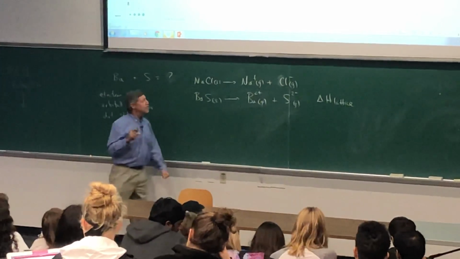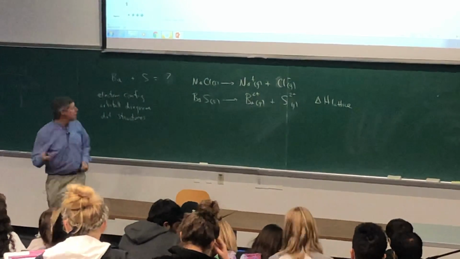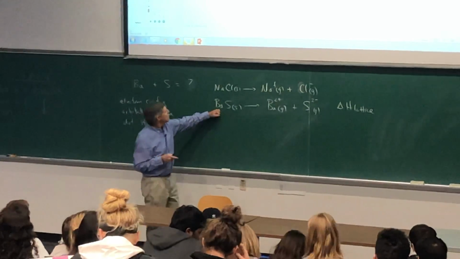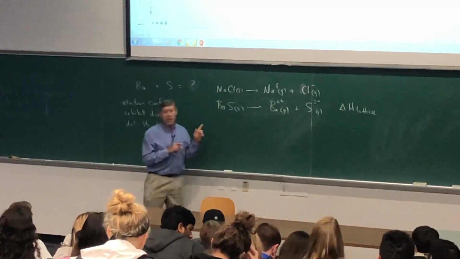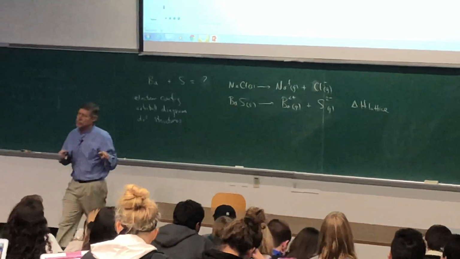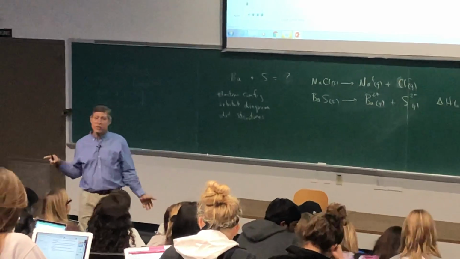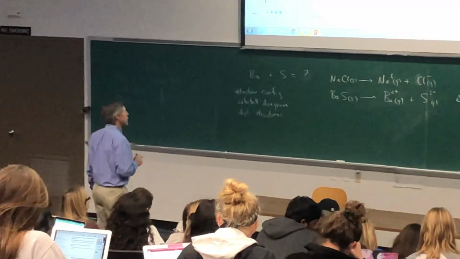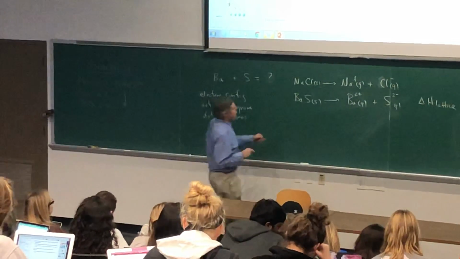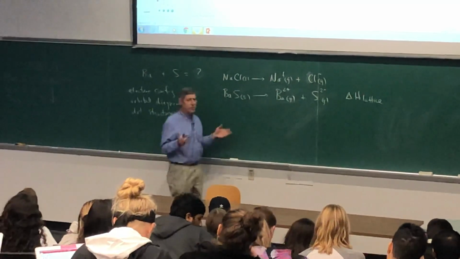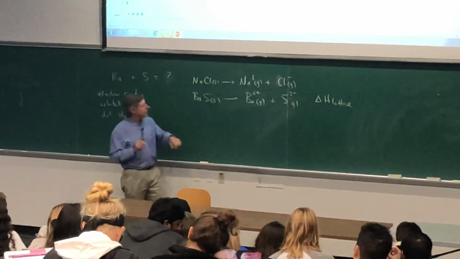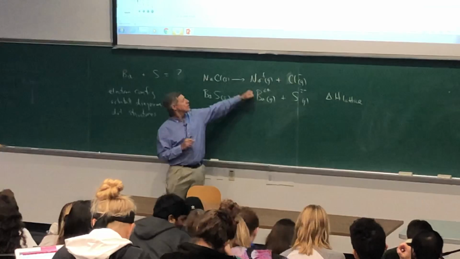If we look at the experimental data, what we find is this lattice energy is much larger than this one. And it's much larger because in that first comparison we made, we ignored the charge. So the fact that we have charges here that are +2, -2 means that, to a first approximation, the electrostatic interaction here is 4 times larger than it is here.